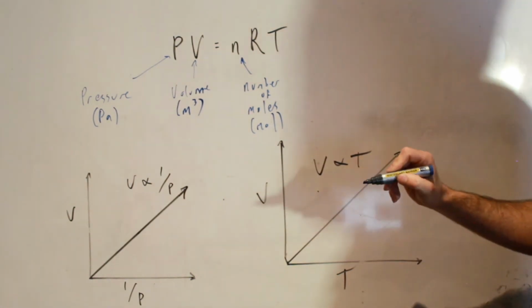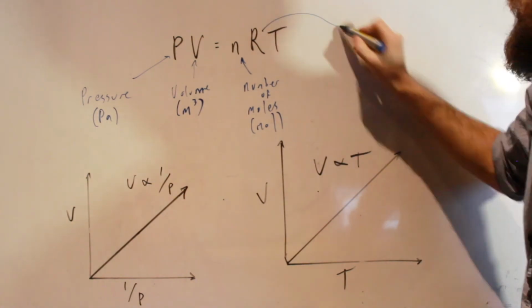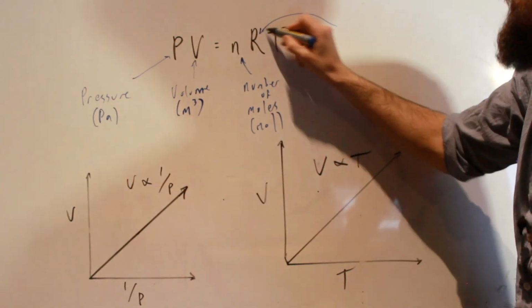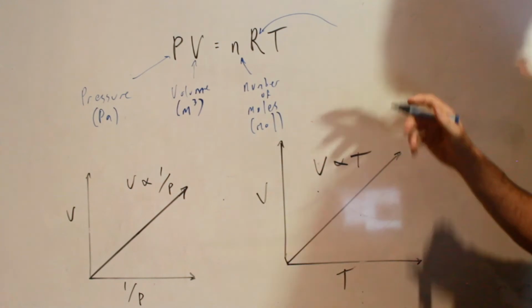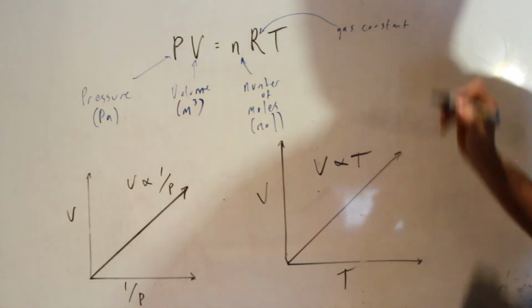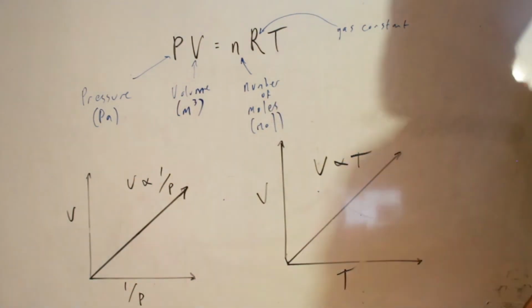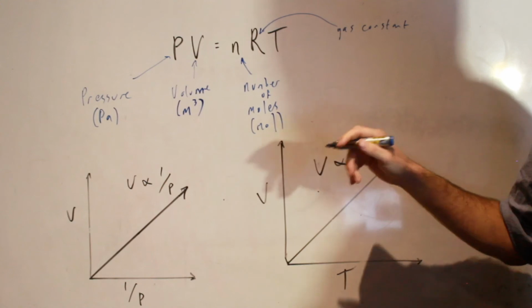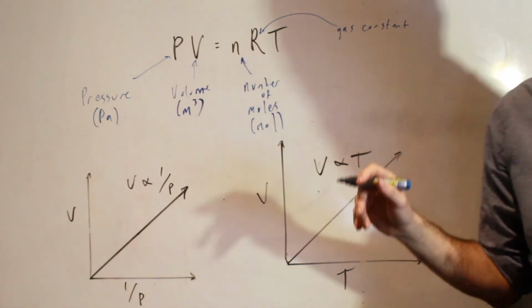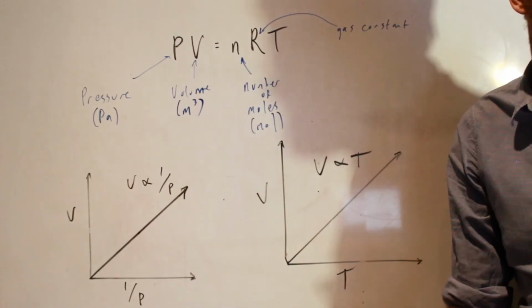R is a constant in this equation. R is what's called the gas constant. This is why the units are so important, because what units you have will depend on the value for R. With the units we've got, we have a value of 8.31 joules per Kelvin per mole.